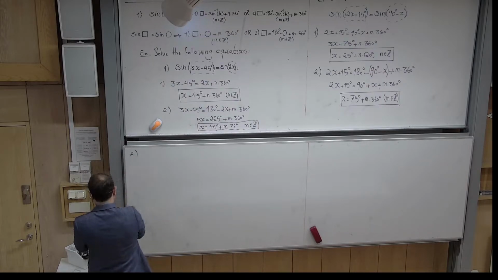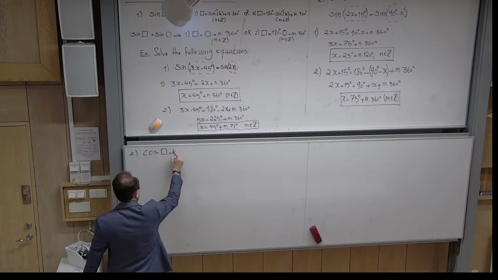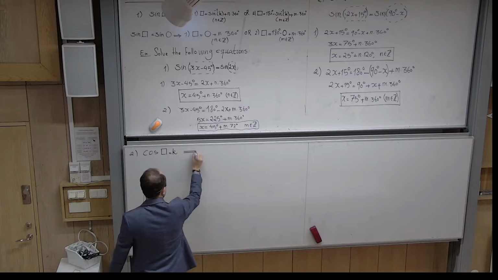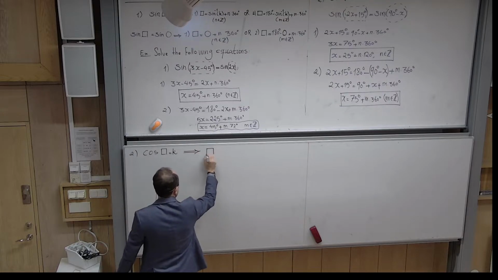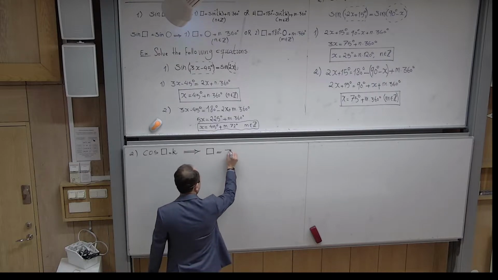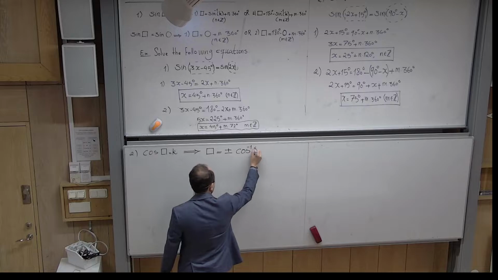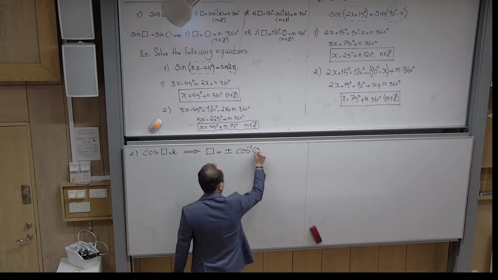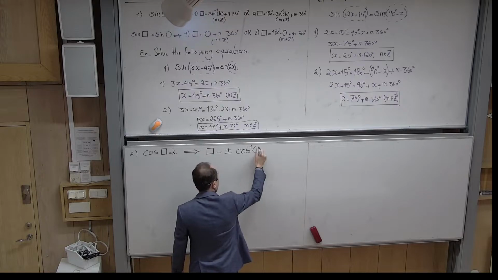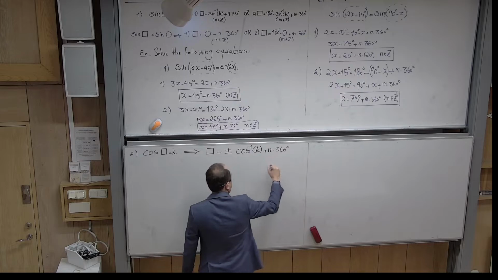Cosine of the box equals a number k. So what is inside the box is equal to what? Plus or minus of what? Cosine inverse of what? K, yes, plus n times 360 degrees, and n belongs to Z.